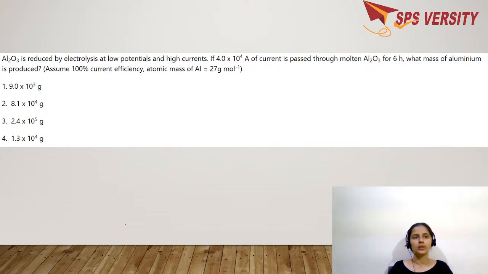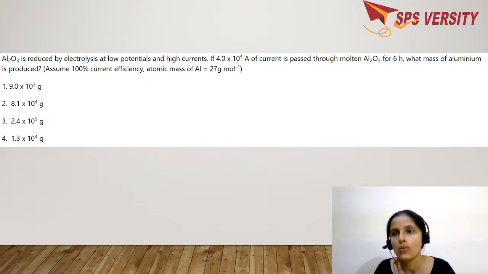Aluminium is reduced by electrolysis at low potentials and high currents. If 4.0 times 10 to the power 4 amperes of current is passed through molten aluminium oxide for 6 hours, what is the mass of aluminium which is produced? You have to assume the current efficiency as 100%, and the atomic mass of Al is given as 27 gram per mole. The same way, aluminium is reduced from aluminium oxide.